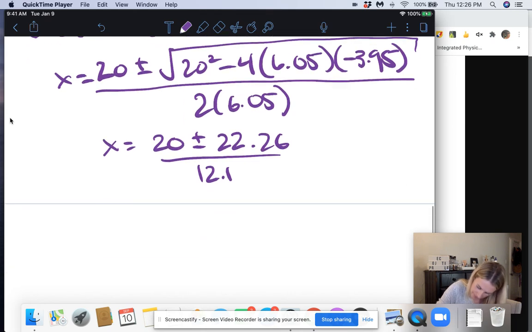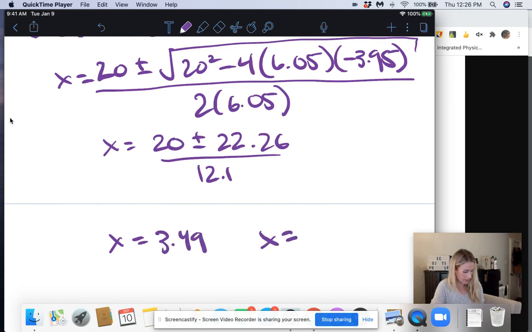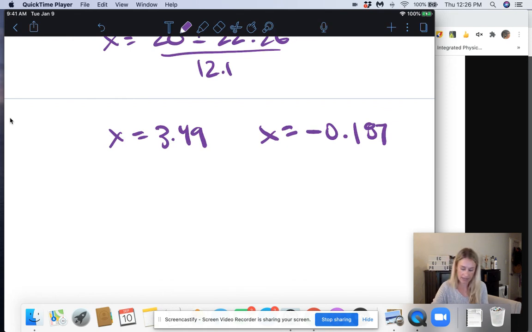All right, so x ends up being either 20 plus 22.26 divided by 12.1, which is 3.49, or x equals 20 minus 22.26 divided by 12.1, or negative 0.187. All right, so remember, x is equal to tangent theta.